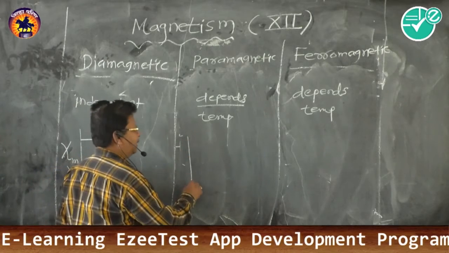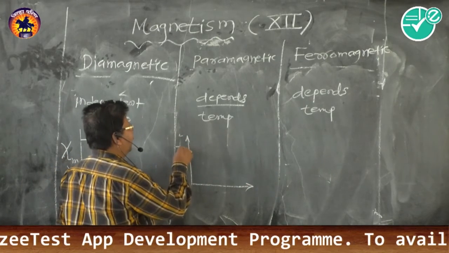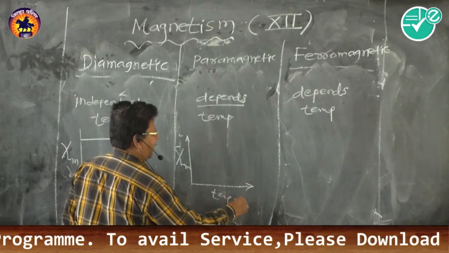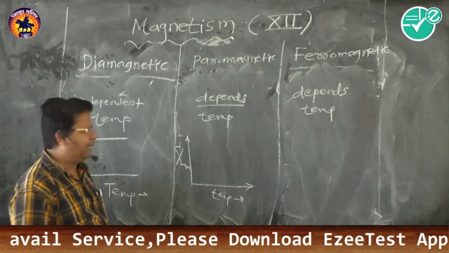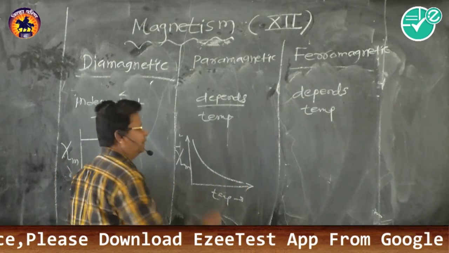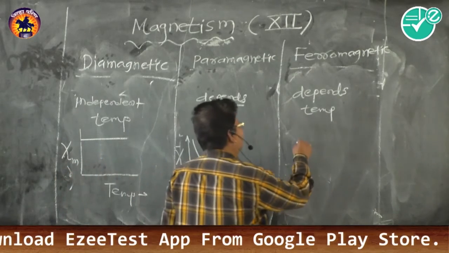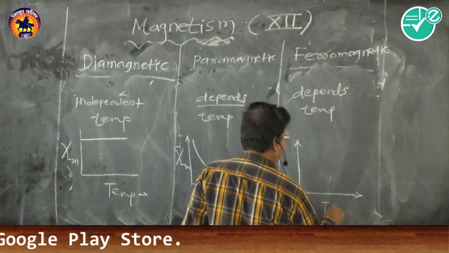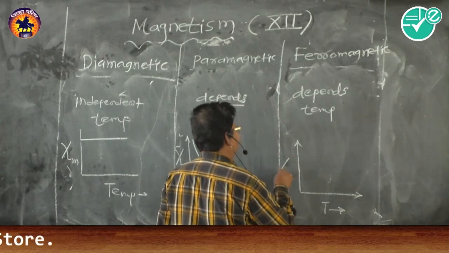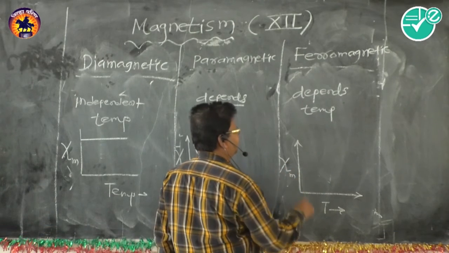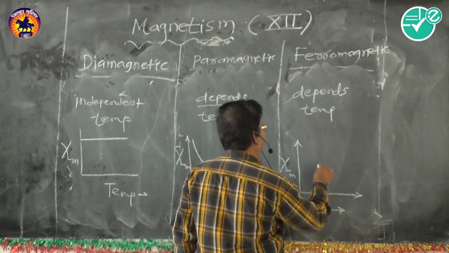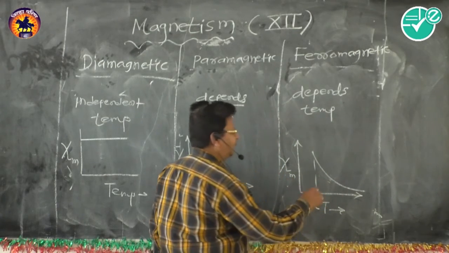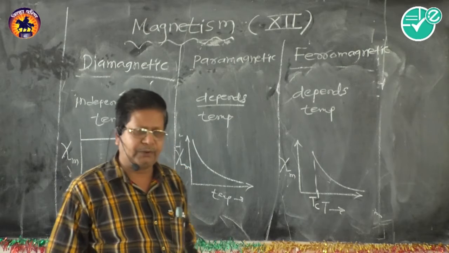In case of paramagnetic substance, if we plot a graph of absolute temperature and magnetic susceptibility, the nature of the graph is like this. And for ferromagnetic substances, if the graph is plotted against absolute temperature and magnetic susceptibility, it comes out to be like this, and this is the critical temperature for ferromagnetic substance.